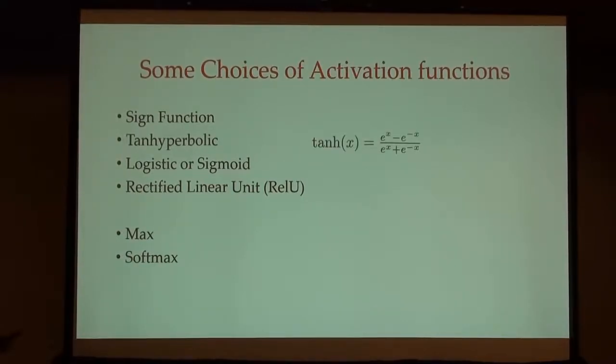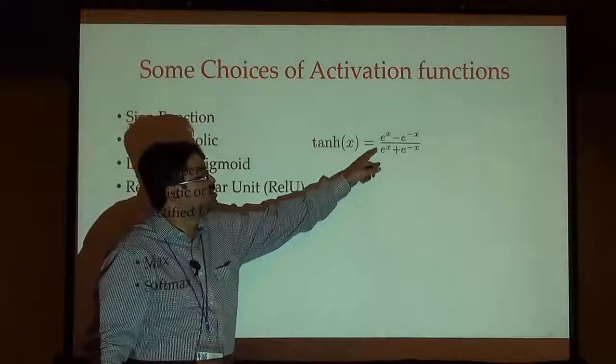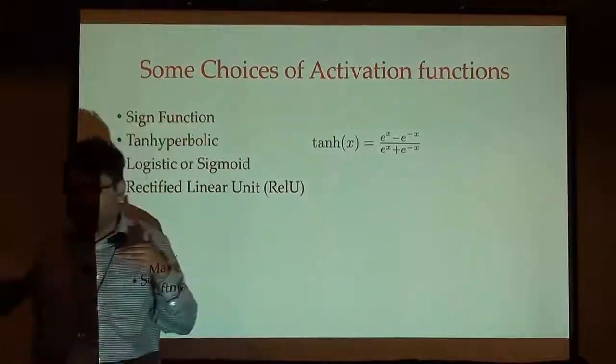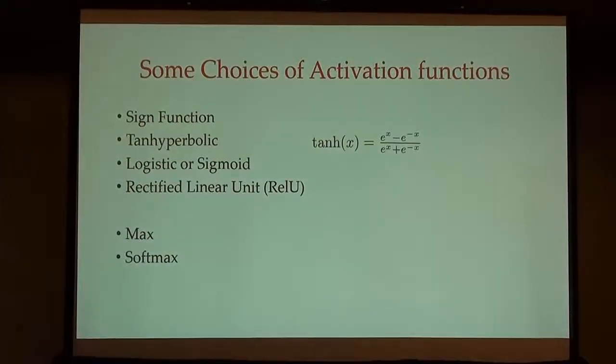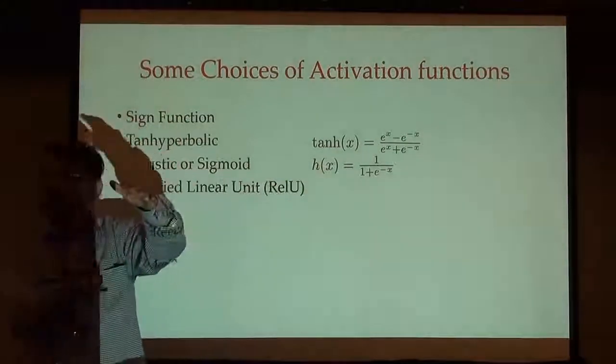Tan hyperbolic is this function. What is the importance of this function? It maps everything between -1 and 1. So it's bounding the magnitude of the output, which was considered to be good. Logistic basically maps everything to between 0 and 1.